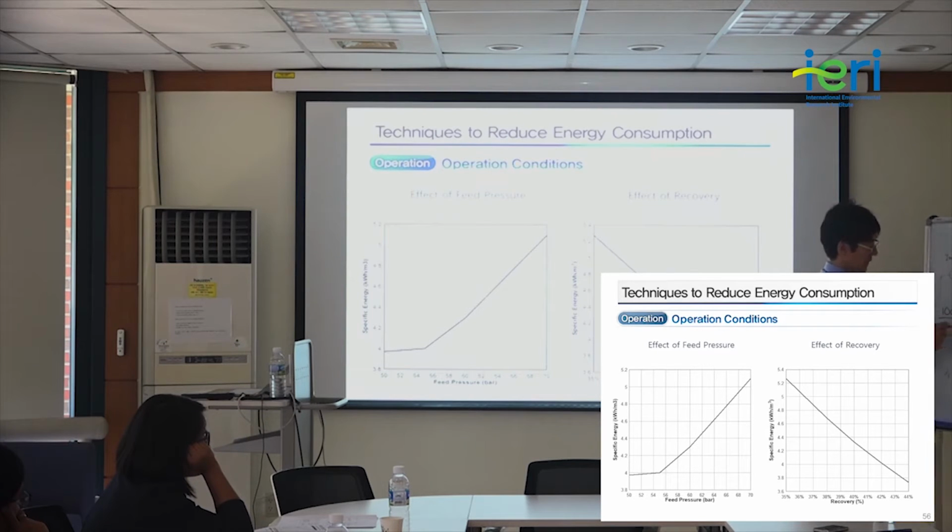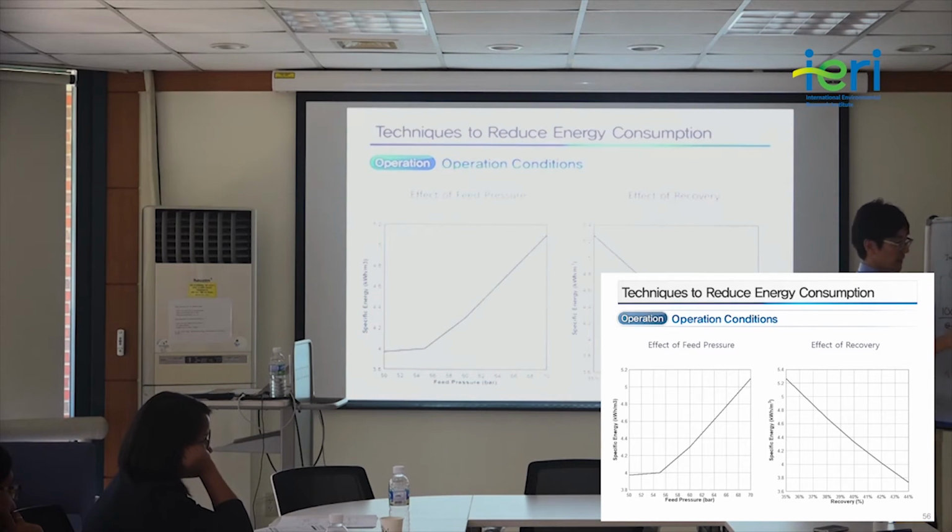However, the problem is, in this case, recovery is no longer 0.4, so we need to have the intake of 10,000 cubic meters per day and 10,000 cubic meters per day for the pretreatment. So we have to spend a lot of money for building and operating this intake and pretreatment.